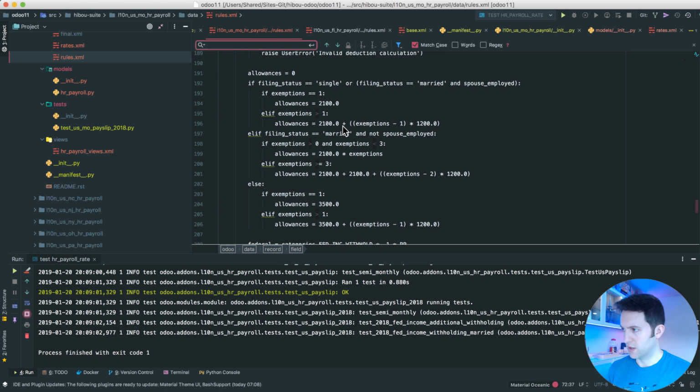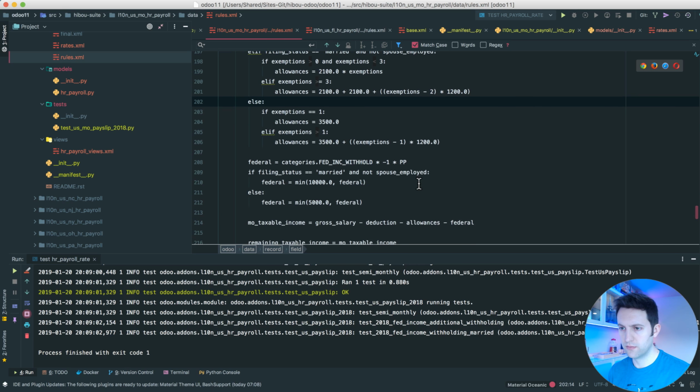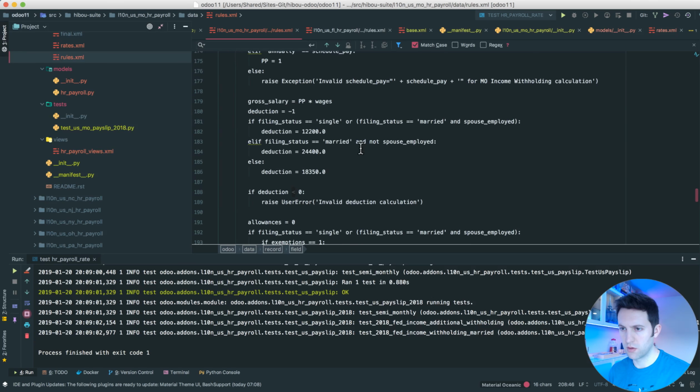We have allowances, which is not something that's discussed in this form, at least not in this part, so that's interesting. So ignoring that, here's our category as federal income withhold, which is going to be wrong.